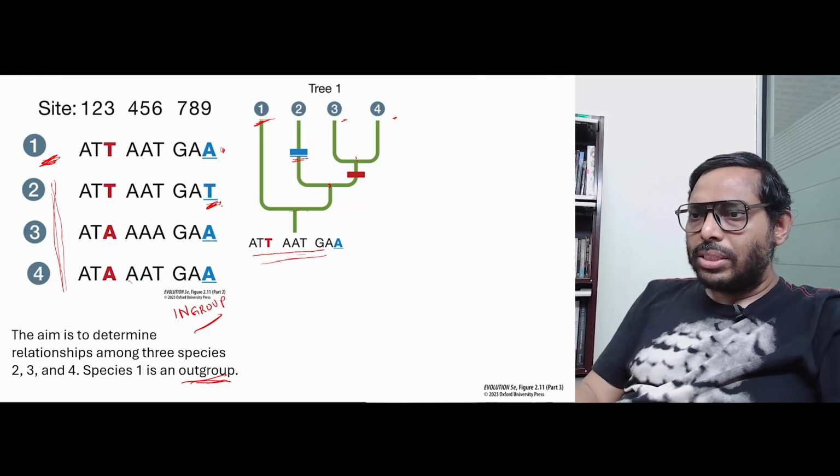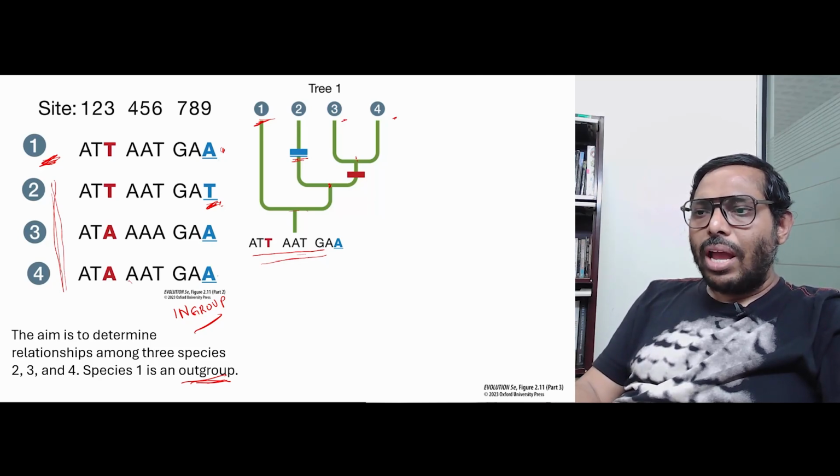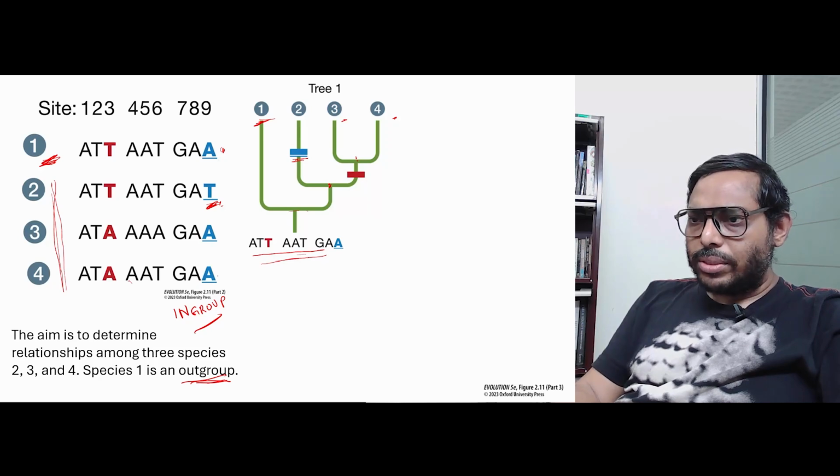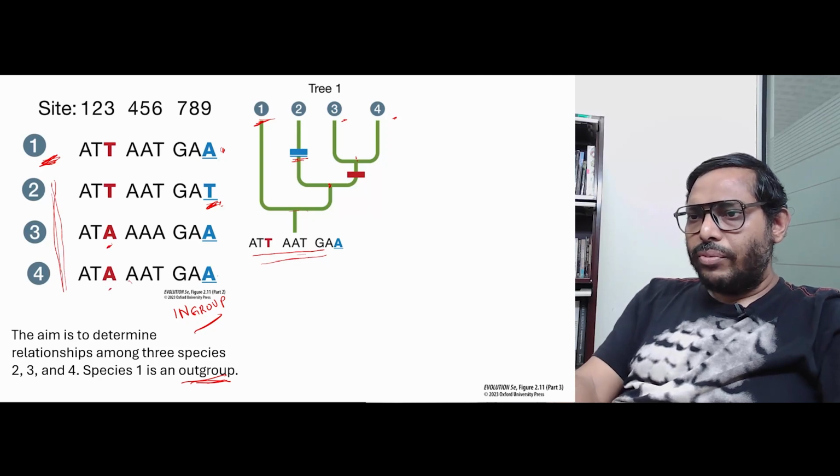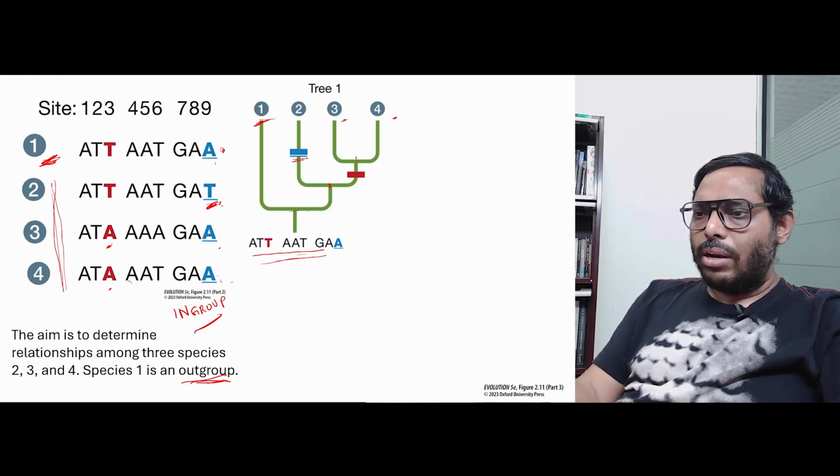Why are we assuming this? Because remember 3 and 4 have a more or less identical sequence, and the main thing is that both of them have this A over here, which is different from this T, and they have this A over here, which is the same as this one. So, basically they are differing from this at exactly one locus.